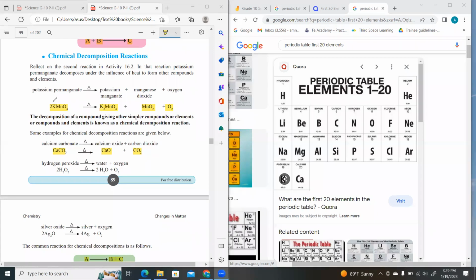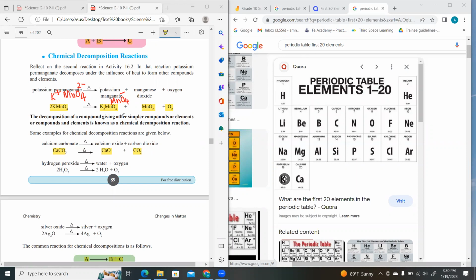Can you see what the ions present here are? Potassium plus and permanganate. When I taught you polyatomic ions, I told you we have to remember the permanganate's formula, MnO4 minus. Manganate has a formula of MnO4 2 minus. Check if you have included these in your table.